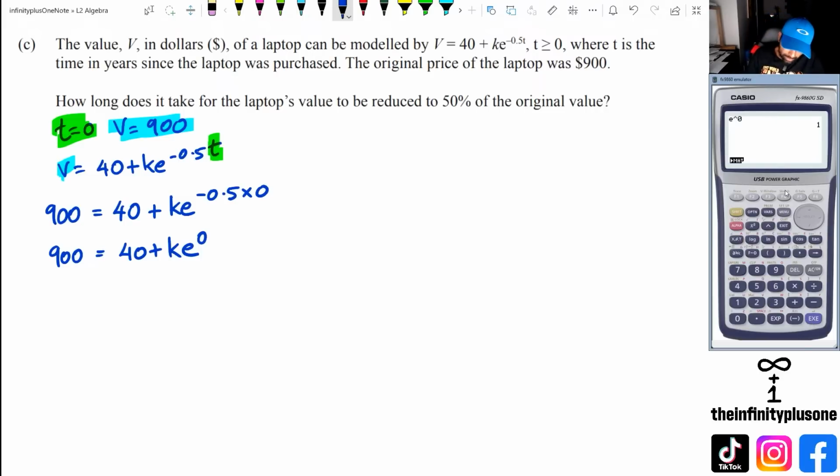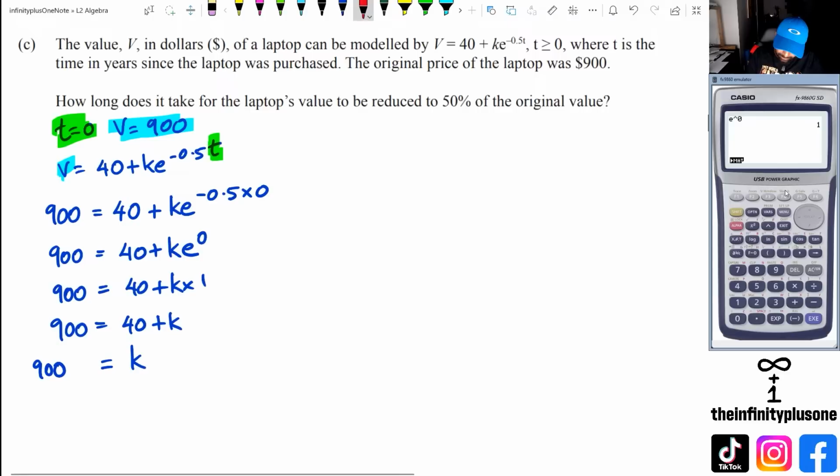So then what we get here is 900 equals 40 plus k times 1, because e to the power of 0 is equal to 1. So really we've got 900 equals 40 plus k. So k is equal to 900 minus 40, which means k is equal to 860.